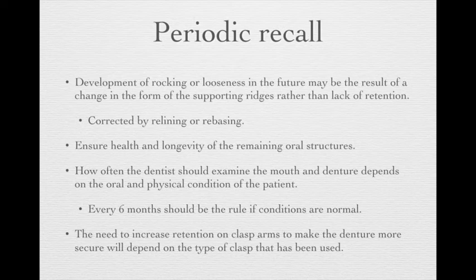Because the RPD framework is made of metal, once it is seated or removed from the mouth, it is definitely distorted by the tooth, followed by several distortions, so eventually the RPD framework might not fit as well as before. And then you should determine if you need to adjust it or remake a new framework.